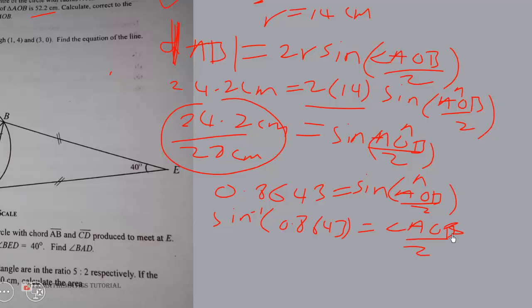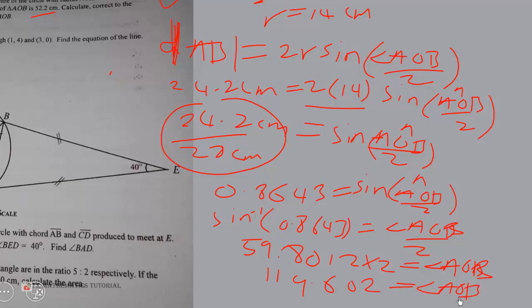Sine inverse of this should give us 59.8012. So we multiply this by 2 to get angle AOB. So times 2 is equal to angle AOB. So angle AOB will be equal to 119.602.